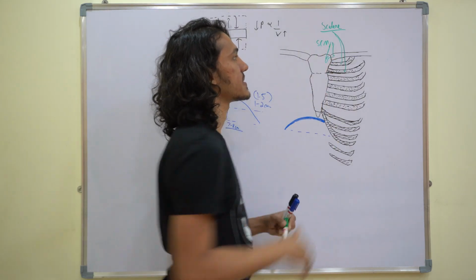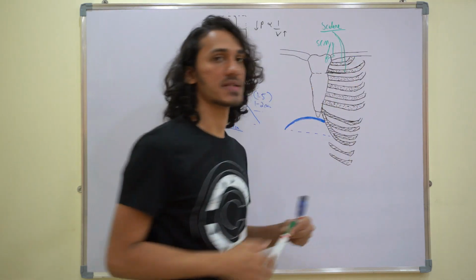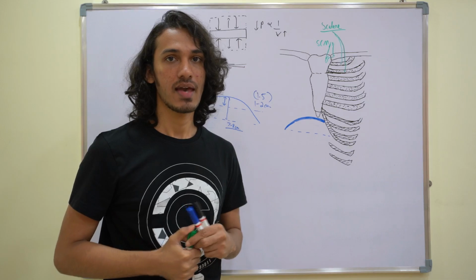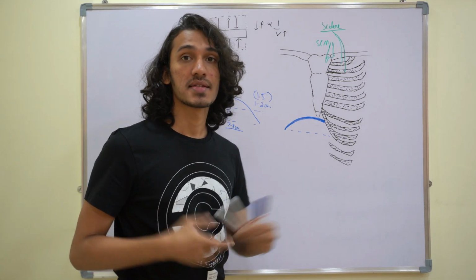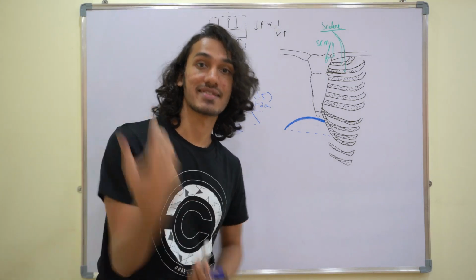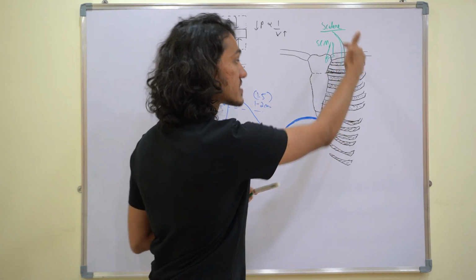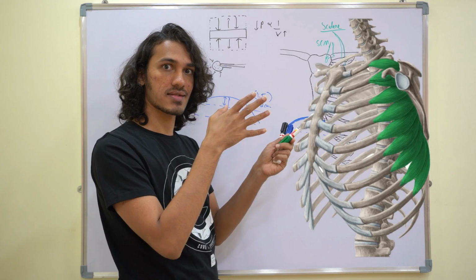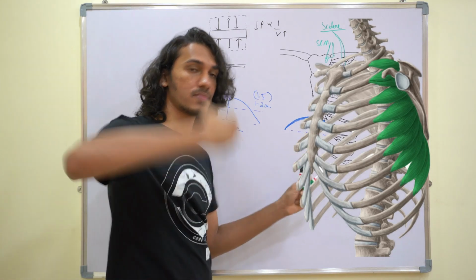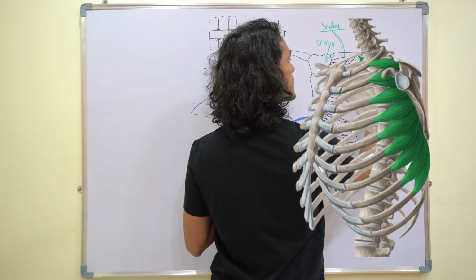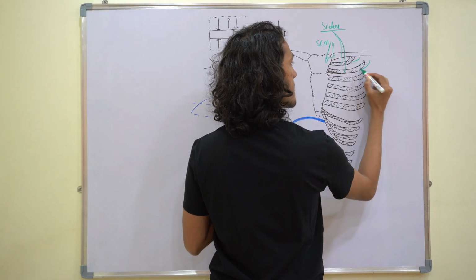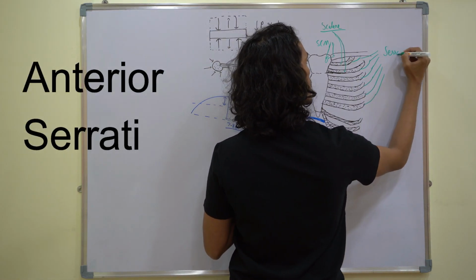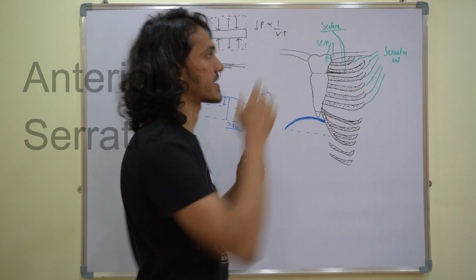So we got the sternocleidomastoid, we got the scalene muscle, and we got the serratus anterior. They are involved with the first 6 ribs. So they are like this. They kind of come and pull it up like this. So the first 6 ribs, this is your serratus anterior.